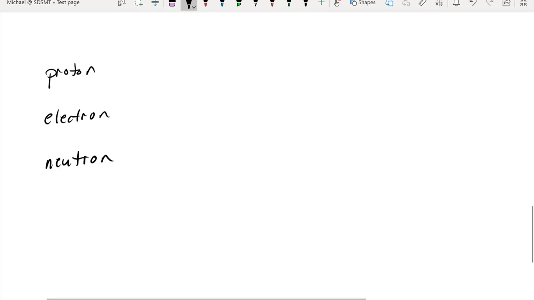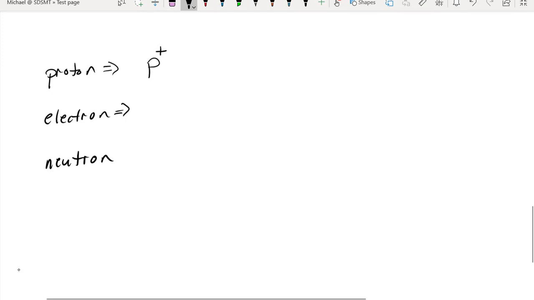And so the proton is going to have a symbol of P, and protons carry what are known as positive charges. And so we're going to go ahead and put a positive in the upper right hand corner.